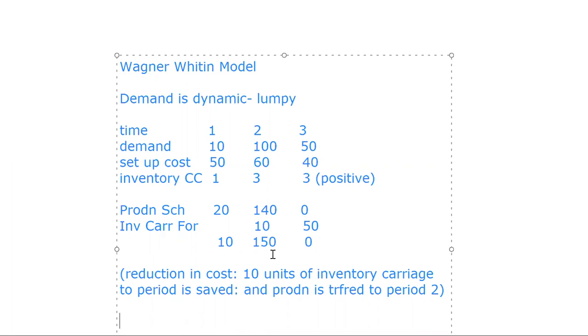One more assumption that is being made here, I will write down here itself: the per unit production cost is the same in all the periods.